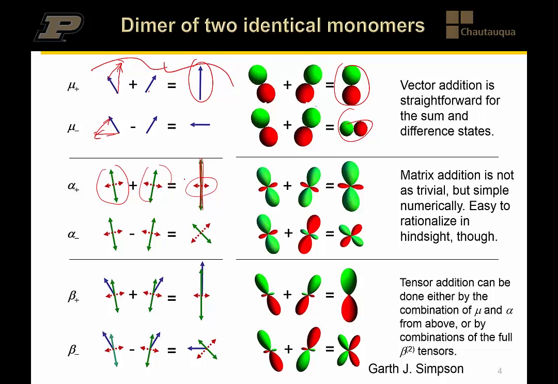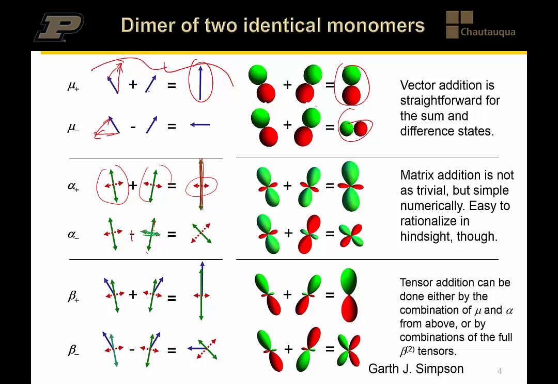state. For the difference state, it's a little interesting. So what I'm really doing is adding this and making this one negative in sign, and making the other one positive in sign, and then adding these together. So if this green arrow is now red and this green arrow stays green, then they will largely cancel.